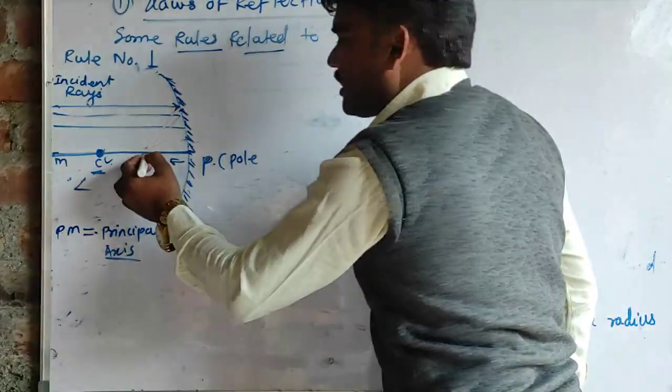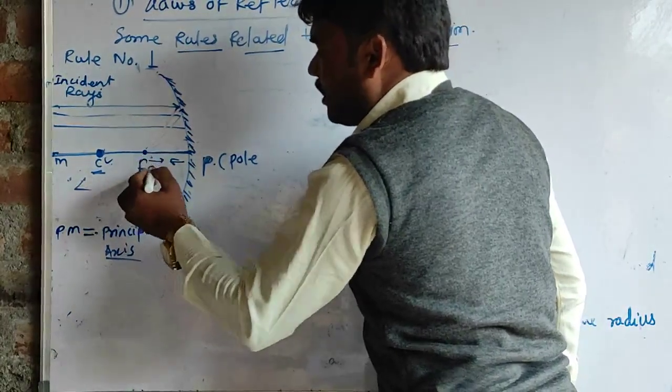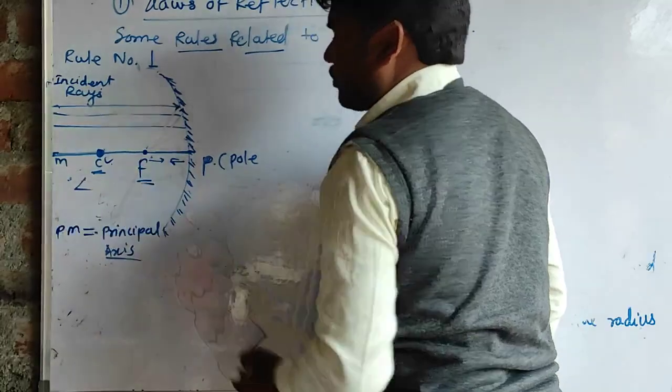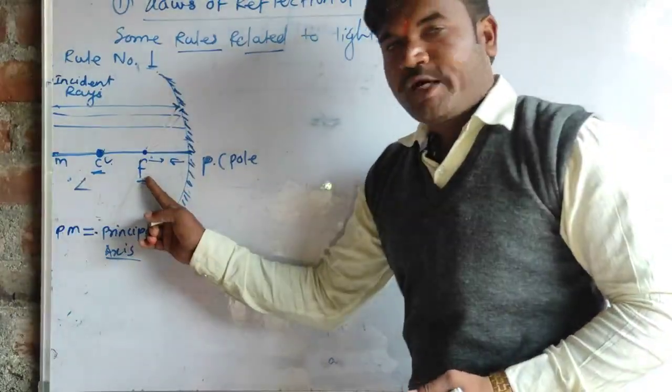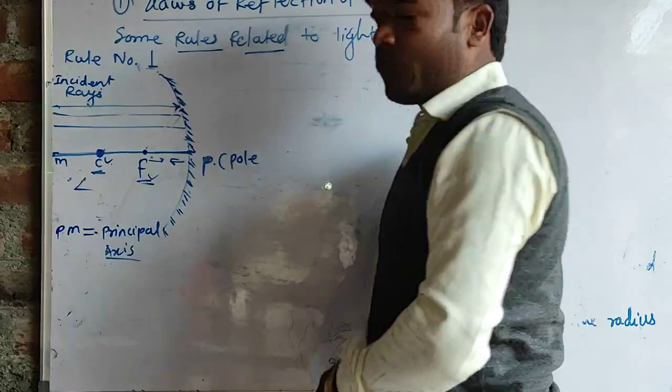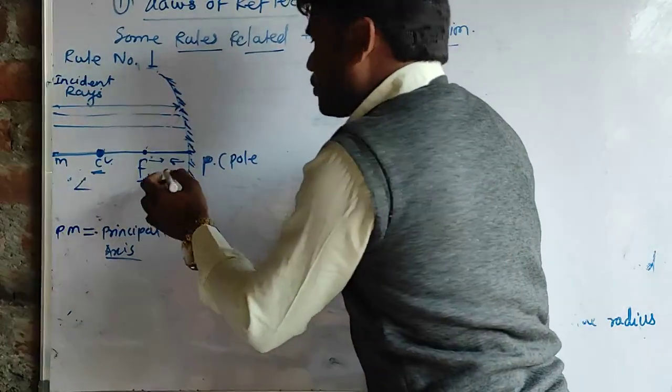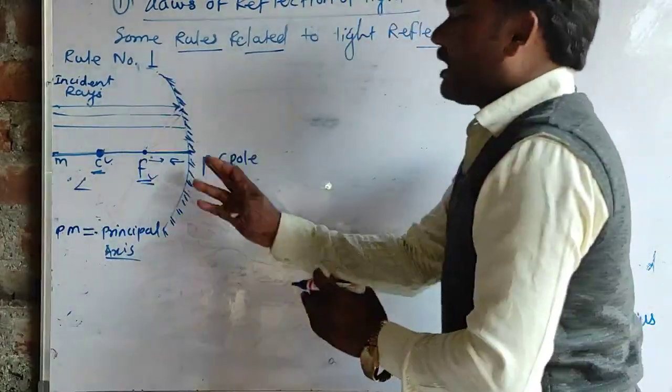Then here we can see that this is the focal or focus point. What is called the focus or focal point? The focal point is half of the radius of curvature.